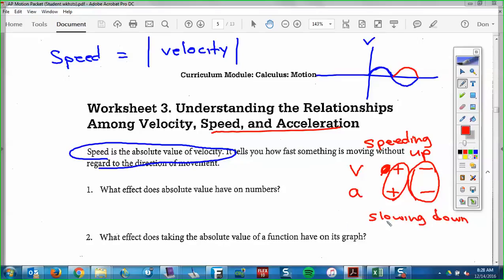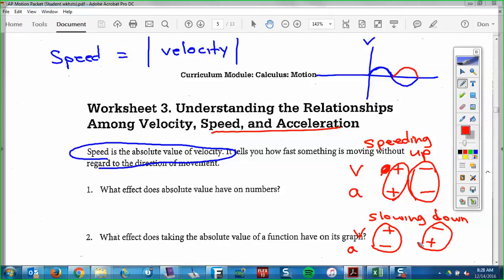and this is just something we've got to know. If the velocity is positive and the acceleration is negative, or if the velocity is negative and the acceleration is positive, then we've got an object slowing down. So anytime you get a question on speeding up or slowing down, you have to take both into account. You can't just say it's speeding up because the velocity is increasing.